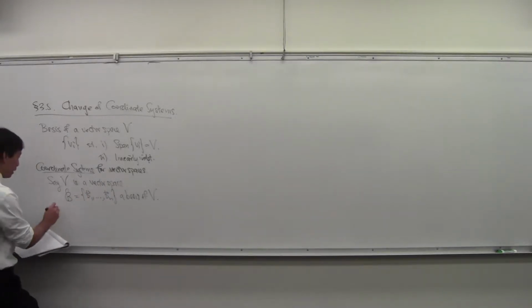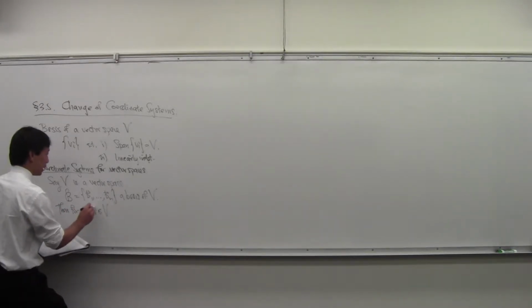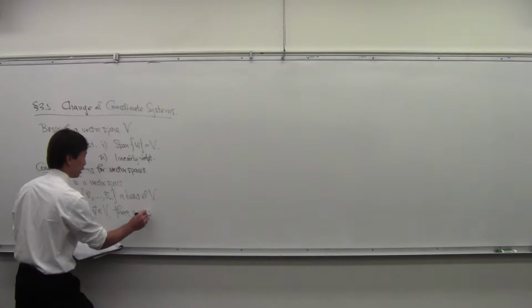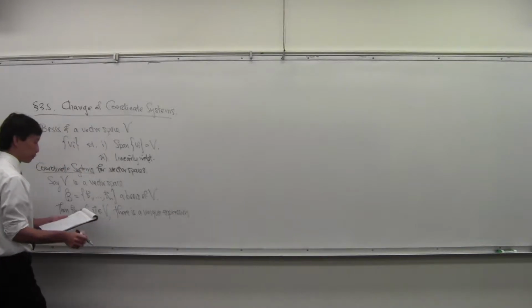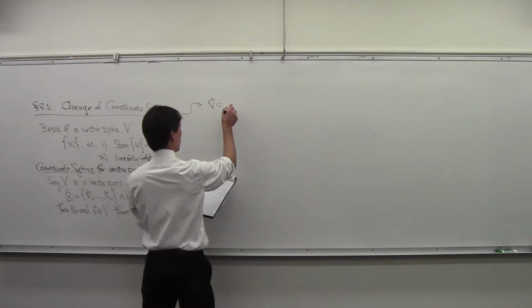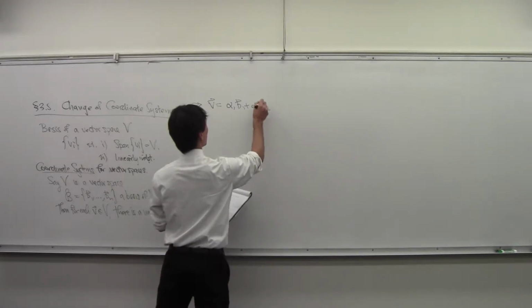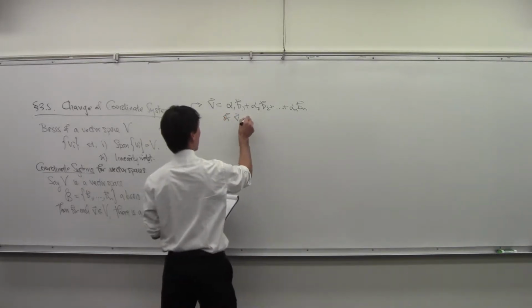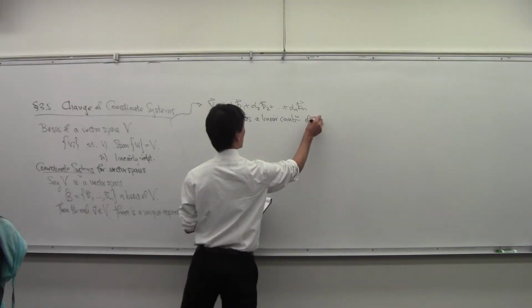Then, like we just said, for each vector in your vector space, there is a unique expression v equals alpha 1 v1 plus alpha 2 v2 plus alpha n vn of that vector as a linear combination of the v's.